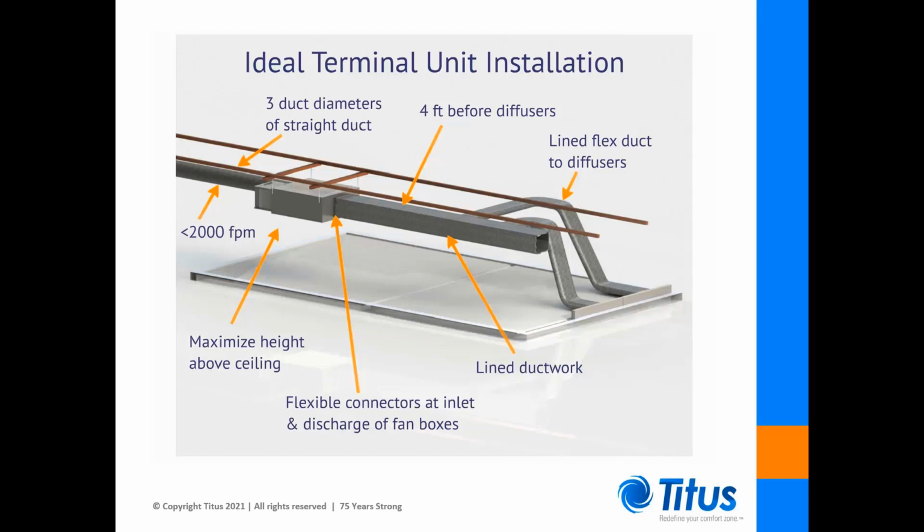We typically want to size the discharge duct for no more than 1,000 feet per minute. Then we want to have good quality acoustical flex duct running out to the diffusers. You can think of flex duct as flexible silencer, but the length should be limited to no more than 5 feet, and it should be properly supported and managed so as not to create a poor inlet condition at the neck of the diffuser.